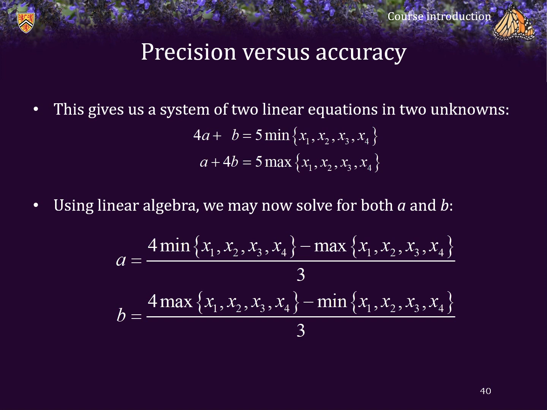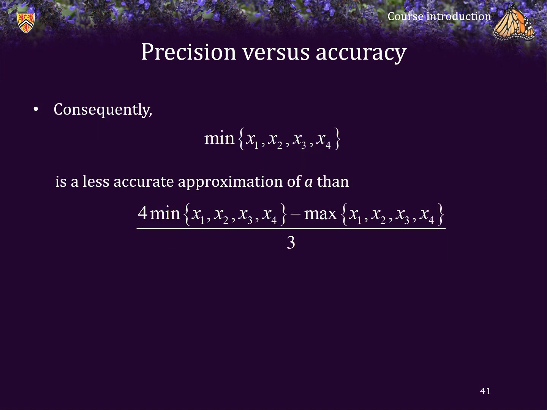The same goes for the approximation of B. Consequently, if we are reading a sensor that is known to return values uniformly between 2 extremes A and B, but we don't know what A and B are, then taking 4 readings and finding the minimum of them is a less accurate approximation of the left-hand boundary than this more complex formula. So the second is more accurate.